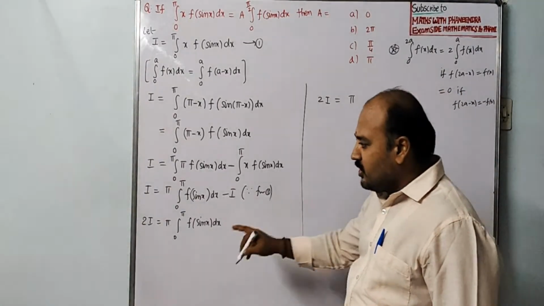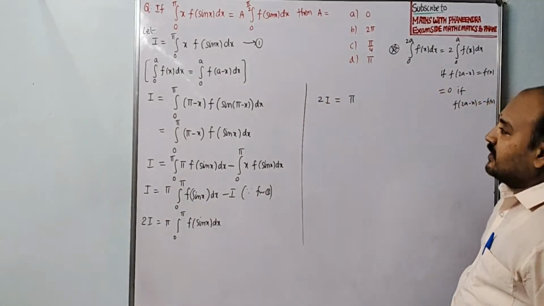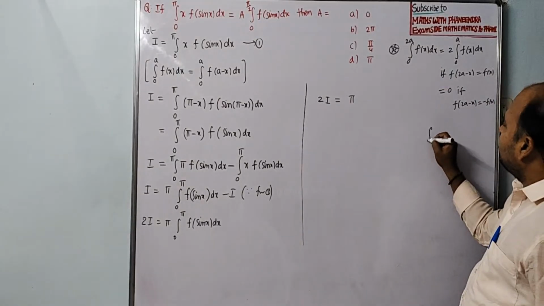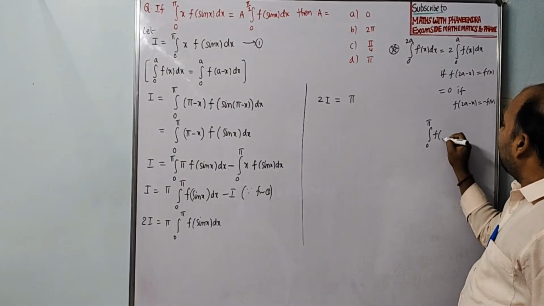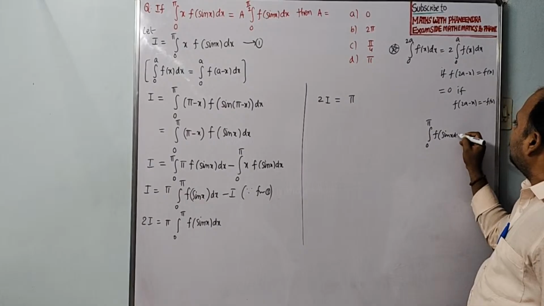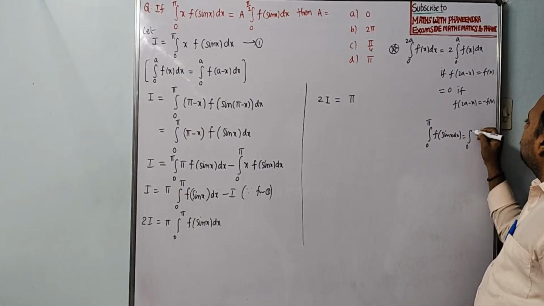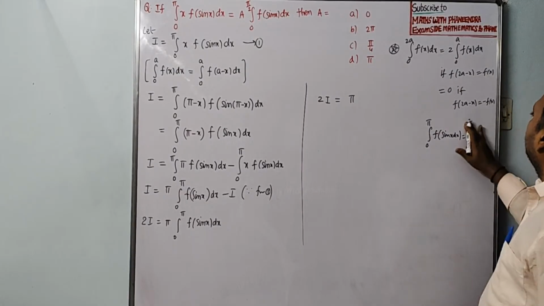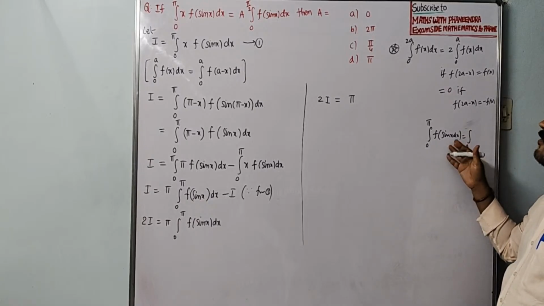So here also I am going to verify that f of sin x. The integral from 0 to pi of f of sin x dx, since sin x is an even function itself, with pi minus x.